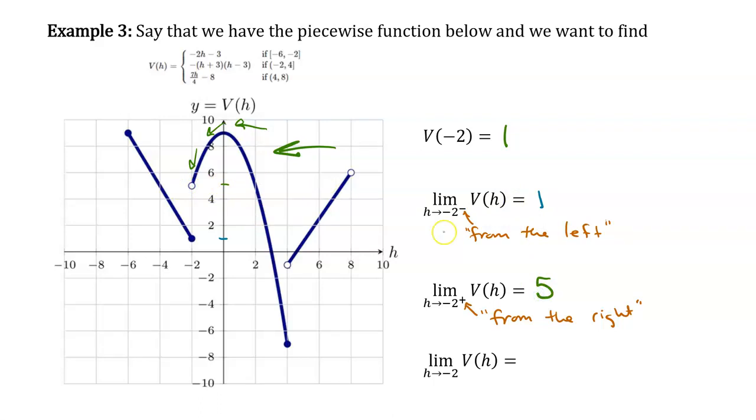So because our limit from the left does not equal our limit from the right, the limit at that number does not exist. They have to be identical for us to say that the limit at the number itself as a whole is that same number.